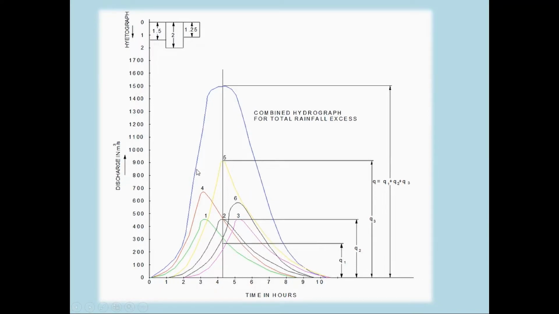At any point or at any location, the ordinates of 4, 5 and 6 are added, which comes in the form of this blue color line, which is the combination of these 3 unit hydrographs, and this is my final hydrograph. This is my final discharge, which is coming from these 3 rains. Am I clear?